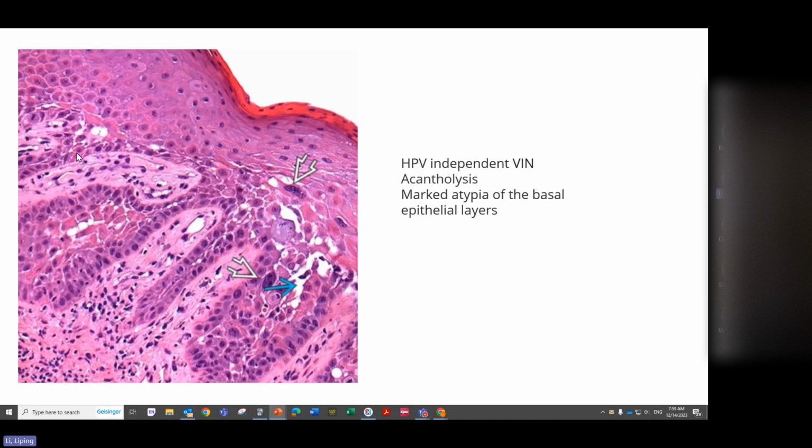We also see really pleomorphic, hyperchromatic cells in the basal cell layer. Other than that, we can see maturing squamous epithelial cells with no atypia, no pleomorphism. And this one also shows an acantholysis pattern.